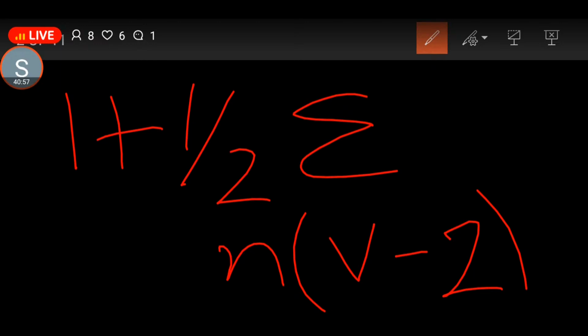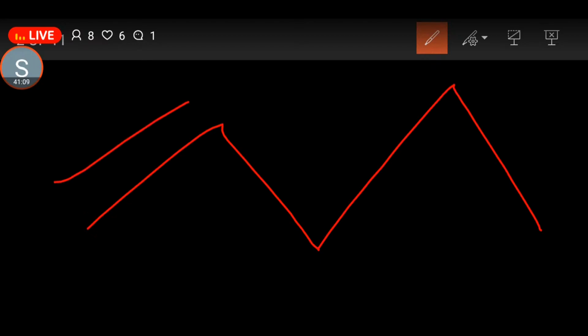Okay, I'll show you an example. Let's take a bond line structure like this. There's a double bond here. Only double bonds are represented, single bonds are not represented. So this is the bond line structure.